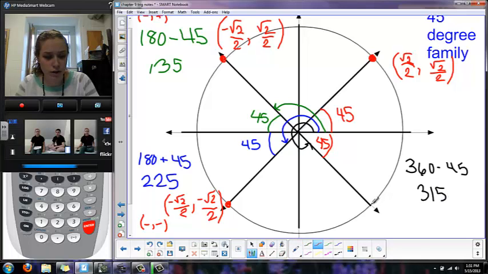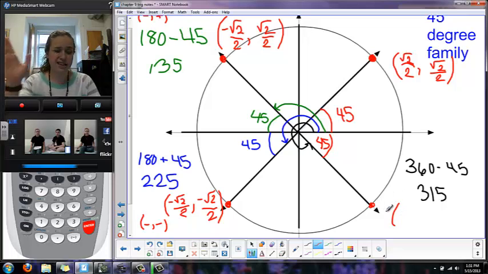Okay, so the cosine of 315 degrees, the x's are going to be positive, so radical 2 over 2. And the y's down here are going to be negative, so negative radical 2 over 2.